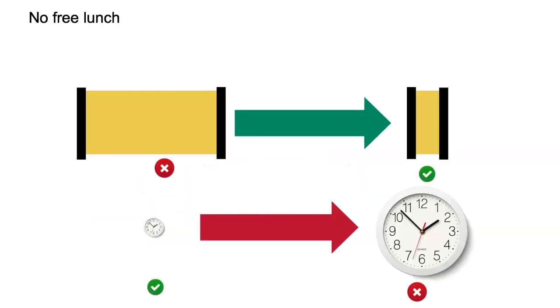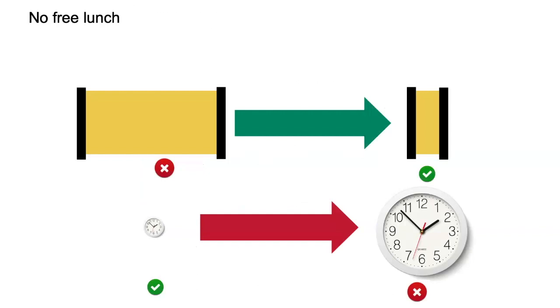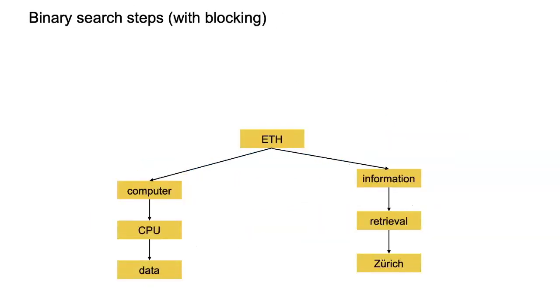Because technically, it's a binary search. If I go back here, you can do a binary search, and that's the number of lookups that you have in here. If you have a block, then it means that you have these groups of terms that go together, and then you do a binary search based on the pointer, but there's only a pointer every k terms. And then the k terms, you have to access them linearly, right?